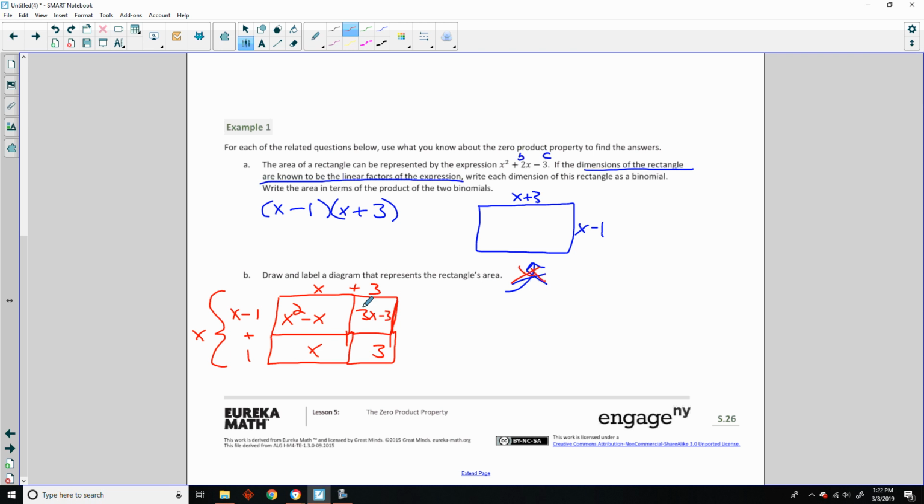So if we combined all of these, it'd be x squared minus x plus x canceled, plus 3x, and minus 3 plus 3 cancel. Interesting. Anyhow.